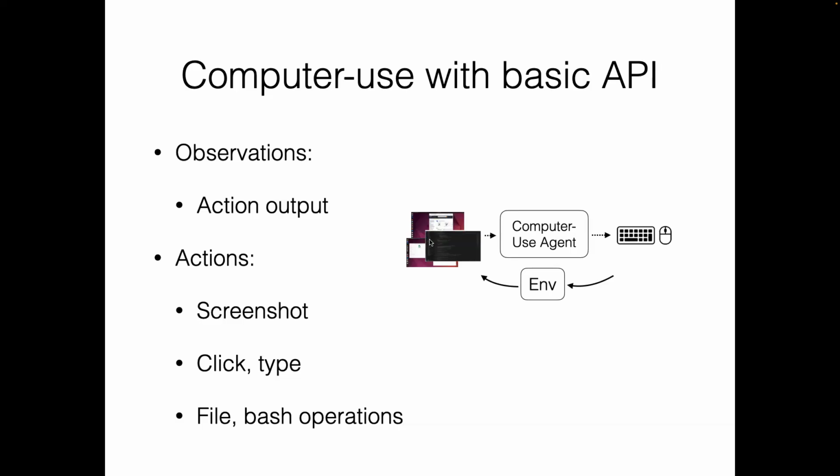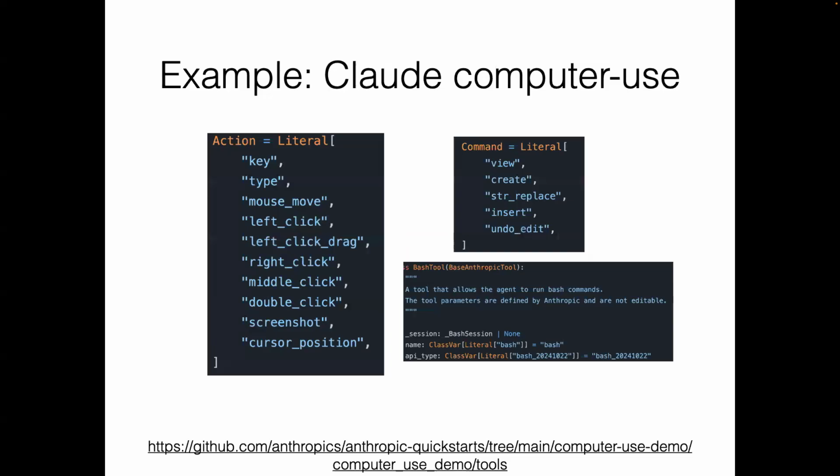In that case, it would get the screenshot, or it has these basic actions, like it can do basic file operations or run a bash command. And if it does one of those, then it gets some textual output for the action. Although these are different actions, they're still fairly general purpose, so hopefully the model can still do most things on a computer.